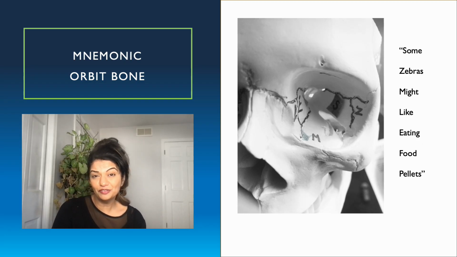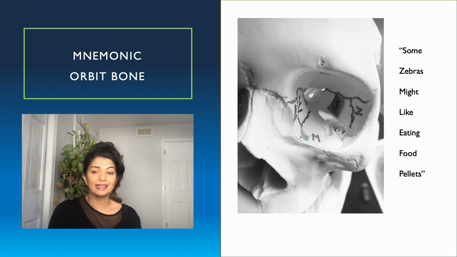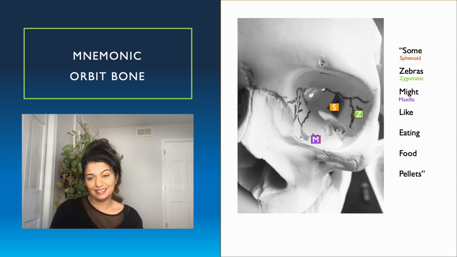Here's another mnemonic for you to remember all the bones in the orbit area. It's "some zebras might like eating food pellets." So "some" is going to be for your sphenoid bone. "Zebras" is going to be for your zygomatic. "Might," I'm sure you guessed it, is maxilla.